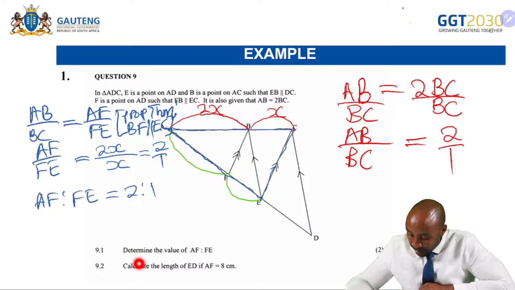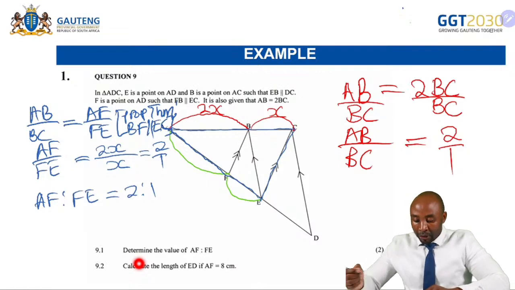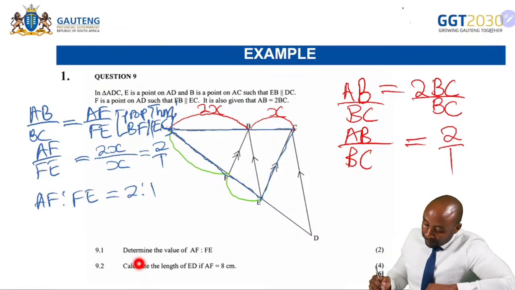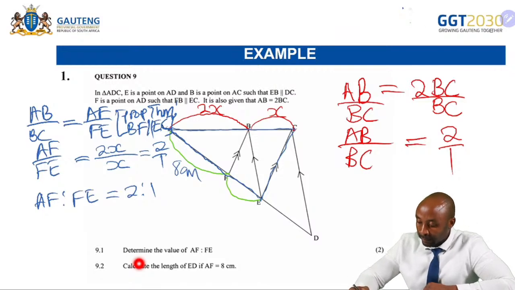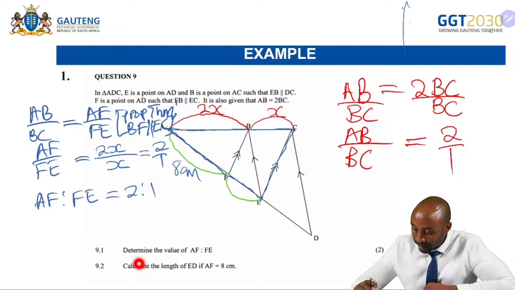We are supposed to calculate the length of ED. So to solve this problem, we can indicate that our AF is 8 centimeters.